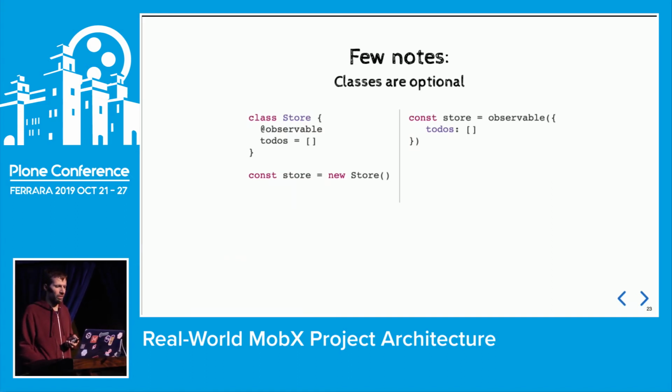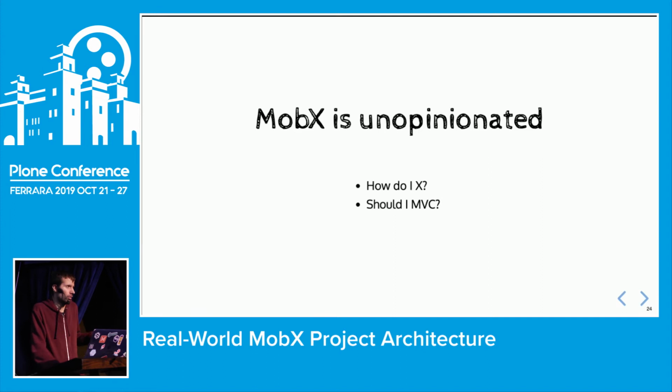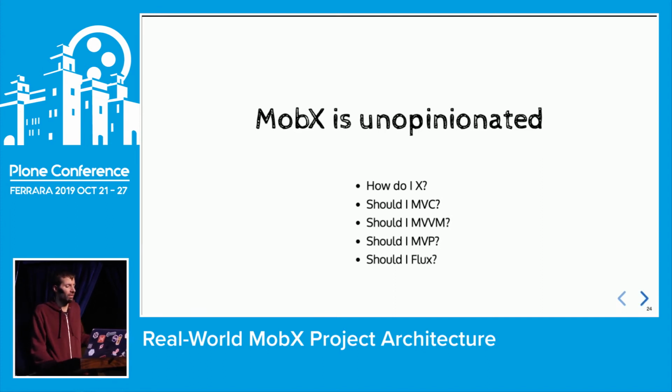So as we have seen, MobX is completely unopinionated. So we can do basically what we want with MobX. So the question is, when I need to structure my application, which is the recommended architecture I should use by adopting MobX? Well, actually, you can do whatever you want, MVC, MVVM, MVP, or even Flux if you want.